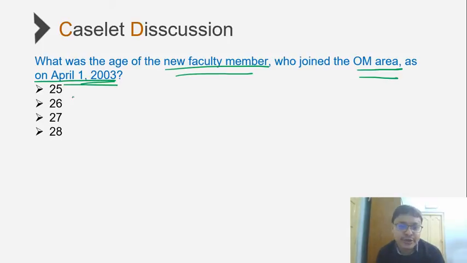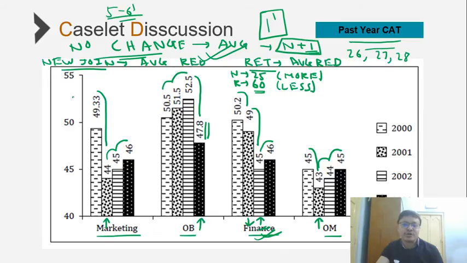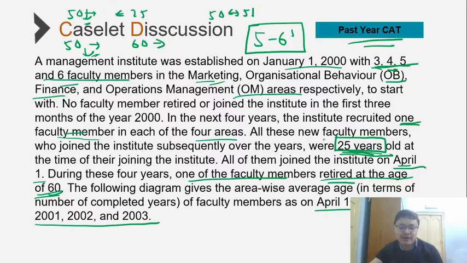The fourth question in the set is saying, what is the age of the new faculty member who joined the OM area as on April 1, 2003? So let us look at which year the OM area faculty member joined. The OM area faculty member joined in this year, which is 2001, which means as on 2001, obviously everybody is joining at 25 years of age.